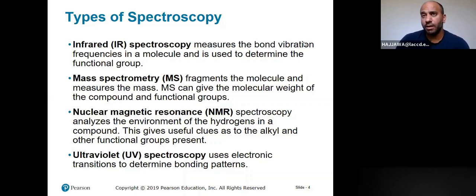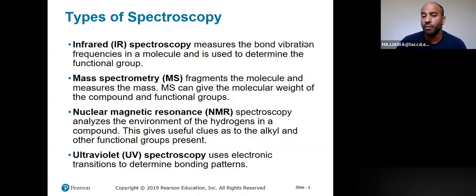So infrared serves as a powerful tool to find out what functional groups we have in a chemical structure, while mass spec basically gives us the molecular weight. NMR, which is considered the most important tool, gives us the exact connectivity within a chemical structure: where the hydrogens are, where the carbons are, how they are connected, and how the entire compound is really connected.